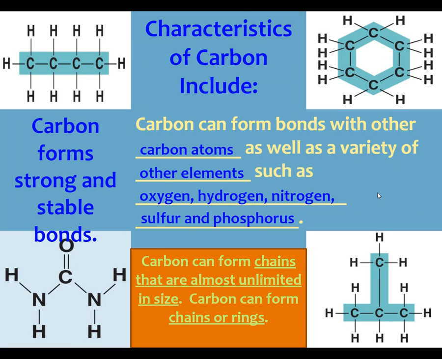Again, if you need to stop this, you can do that. This example in the upper left-hand corner is an example of a carbon chain. This one in the upper right-hand corner would be an example of a carbon ring. You can pause this at any time to catch up.